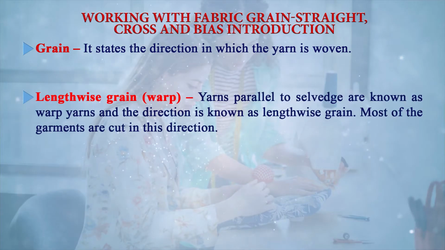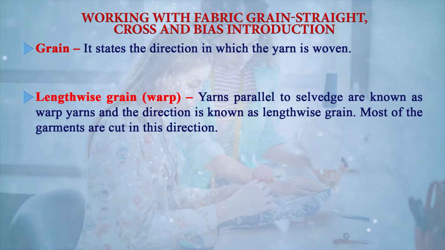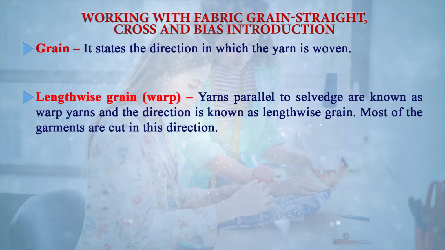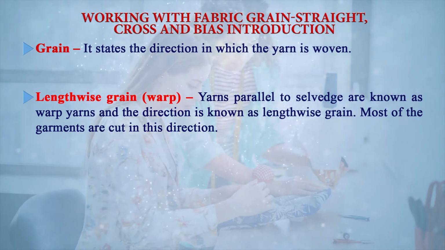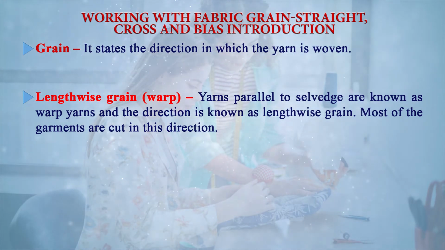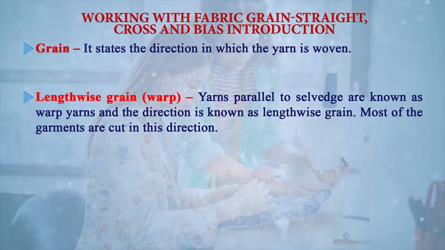So what is the lengthwise grain or lengthwise direction? The lengthwise direction or grain of the fabric is also called the warp. Generally we have 2 yarns, warp yarn and weft yarn. The lengthwise grain is the warp yarns. The yarns which are parallel to the selvage are known as the warp yarns, and the direction is known as the lengthwise grain.